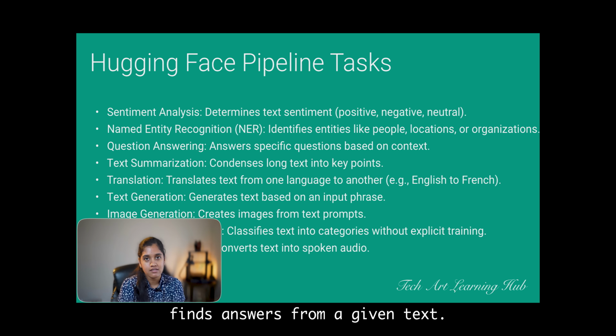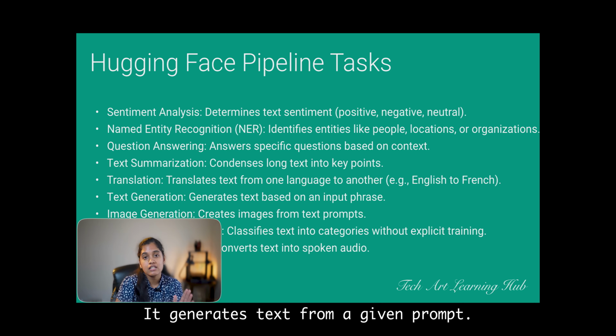It finds answers from a given text. Text summarization. It shortens long paragraphs into shorter ones while retaining key details. Translation. It converts text from one language to another. Zero-shot classification. It classifies text into categories without prior training.